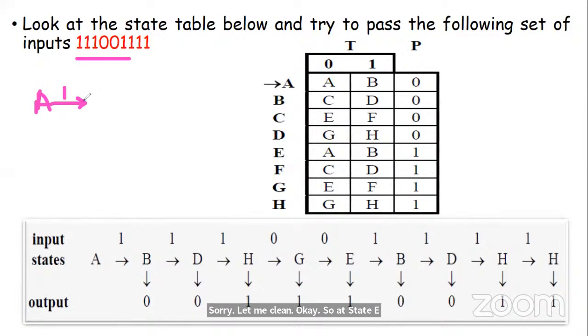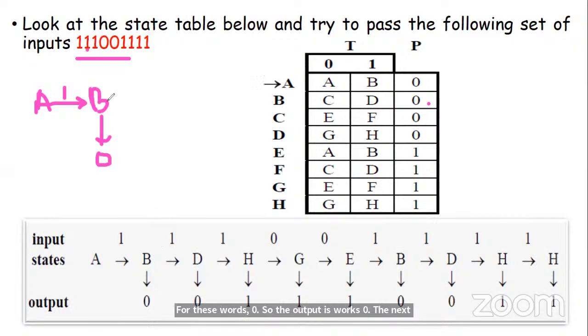Your transition is what? To B. And what is the output function on B? The output, big O on B, is what? 0. So the output is 0.